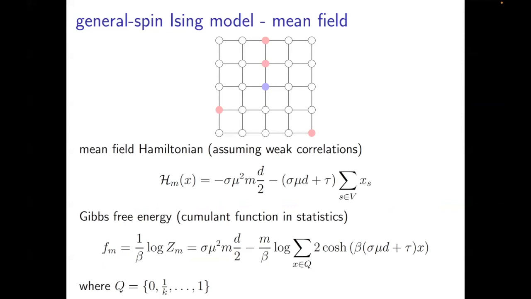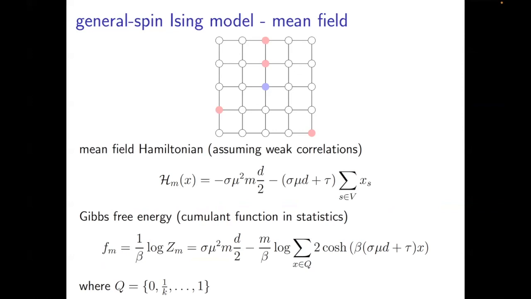So we apply the mean field idea, taking the assumption of weak correlations, so that you can basically take away the product of these variables and only look at the sum, which is related to the order parameter, of course. And with this mean field, you can take the Gibbs free energy, which I call in statistics the cumulant function, and determine moments from there.